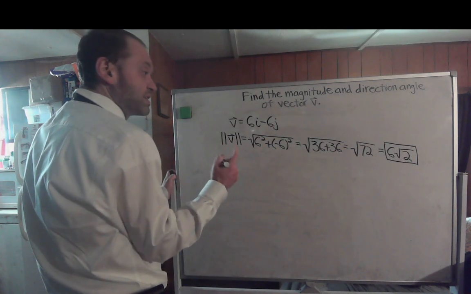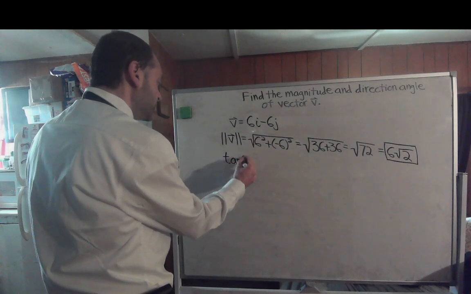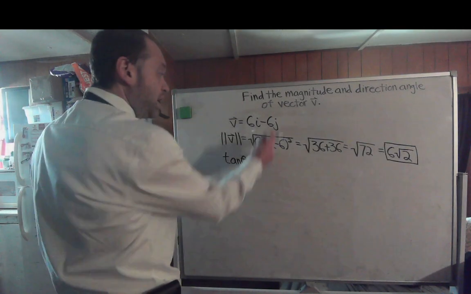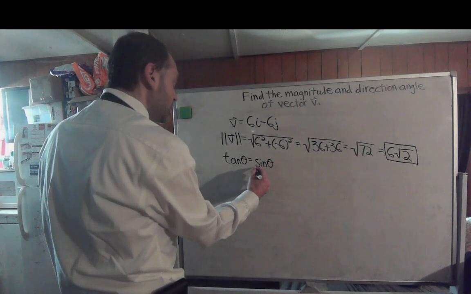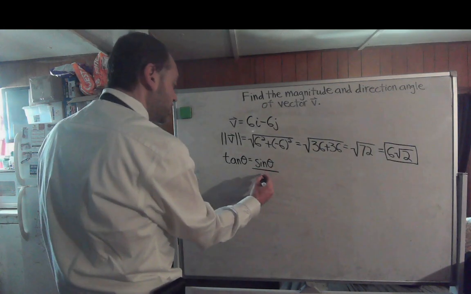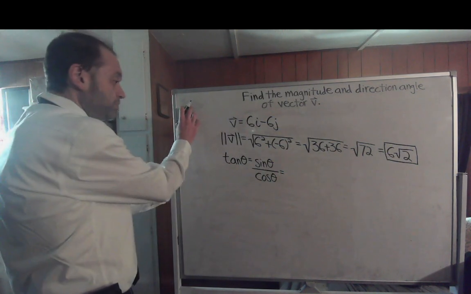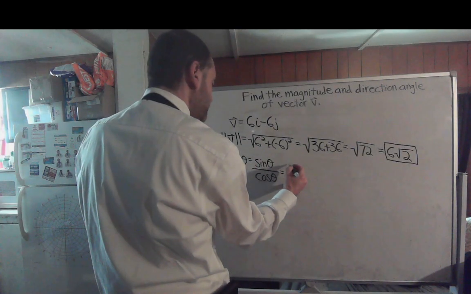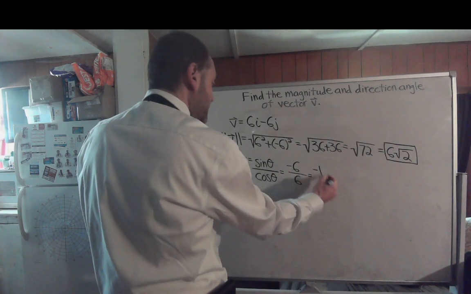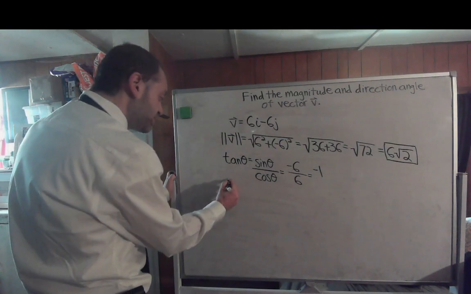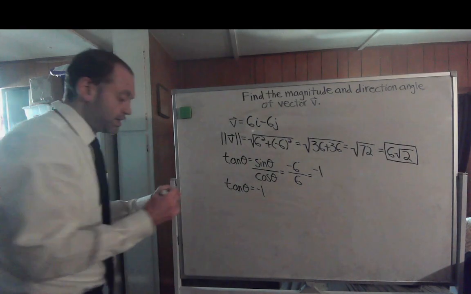In order to find the angle, you're going to need to take the tangent of theta and set that equal to your y-coordinate, which is the sine of theta, over the cosine of theta, which would end up giving you negative 6 over 6, which would give you negative 1. So now you just have to take the tangent inverse of negative 1. You got the tangent of theta equals negative 1.